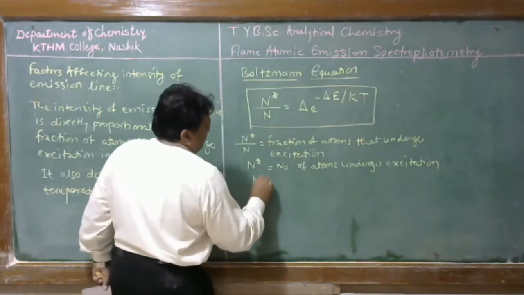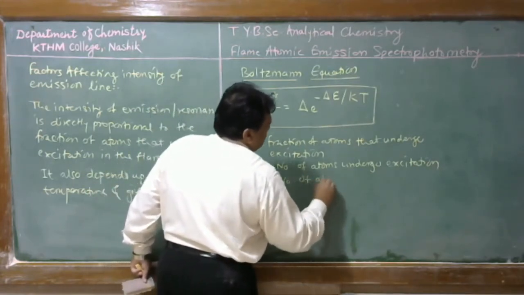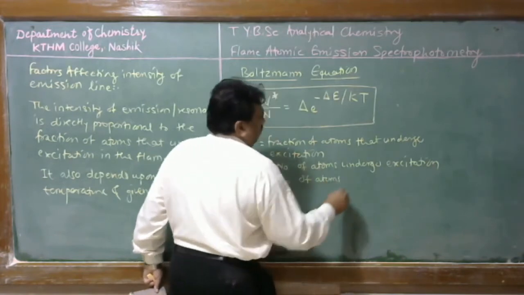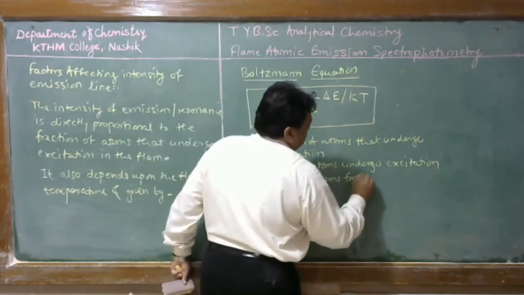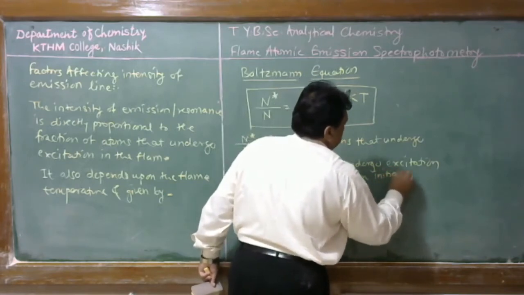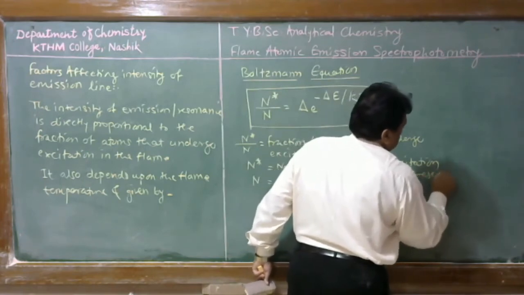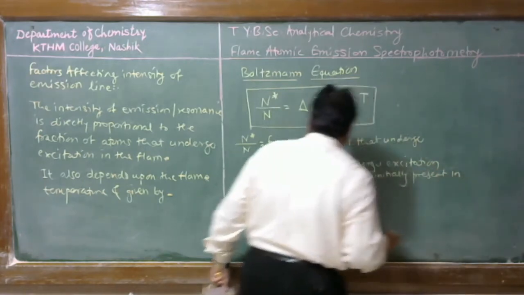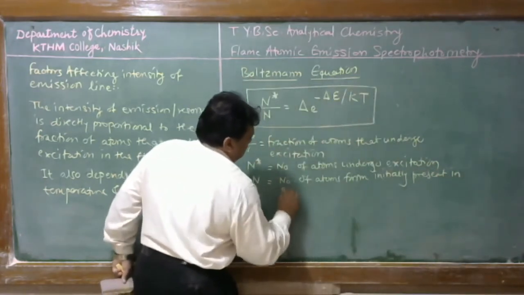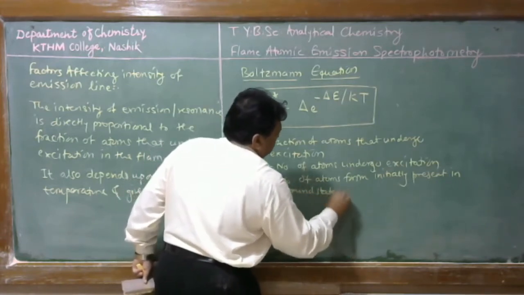Here, this N is the number of atoms formed and initially present in the ground state level.